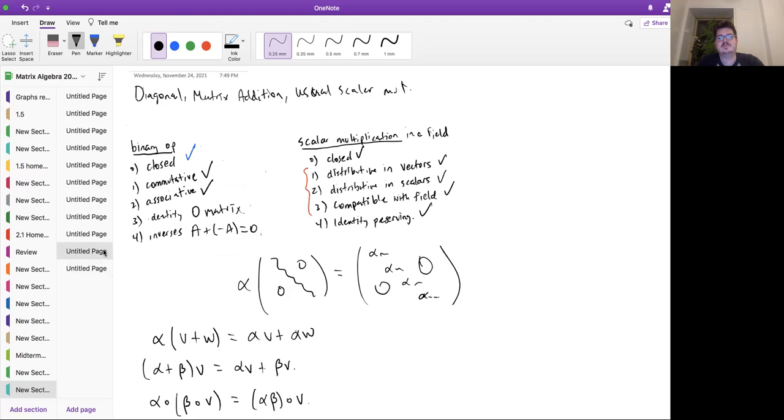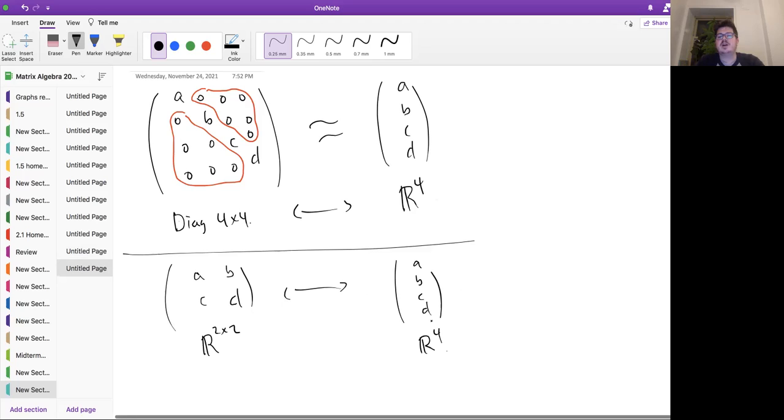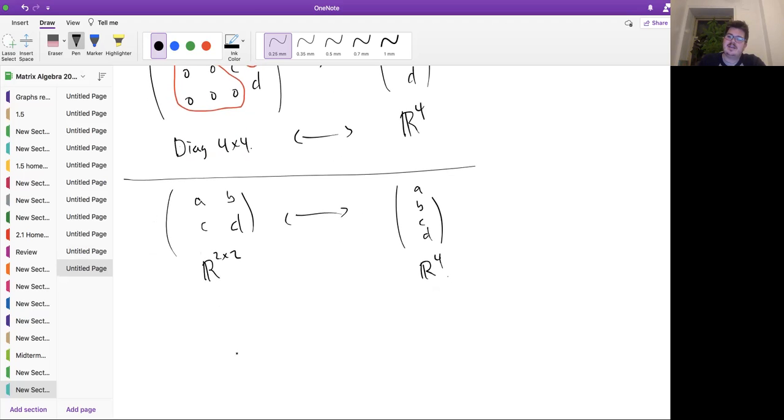See that? If you do all your computations in 2x2s, the result would be the same as if you did your computations in 4x1s. Right? Does that make sense?